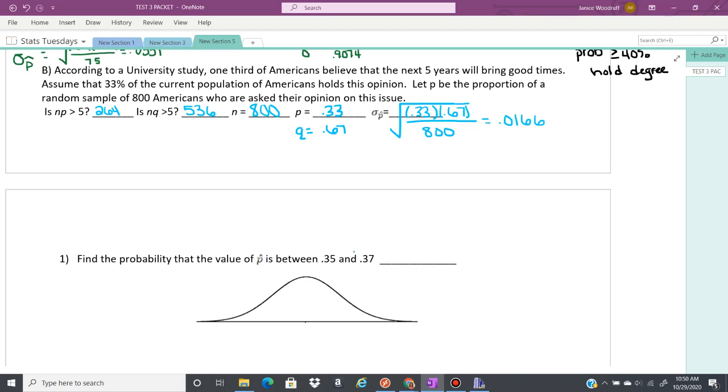So between 35 and 37% of people say, yes, the next 5 years are going to bring good times. All right, so here we are being asked to find p-hat, the probability that it is between 0.35 and 0.37.